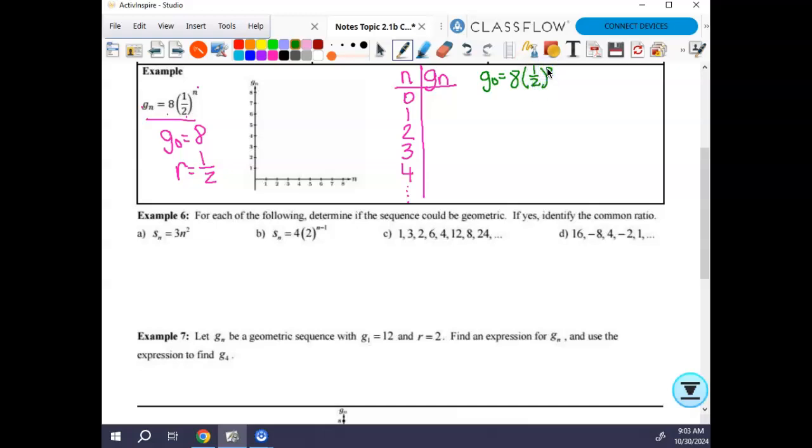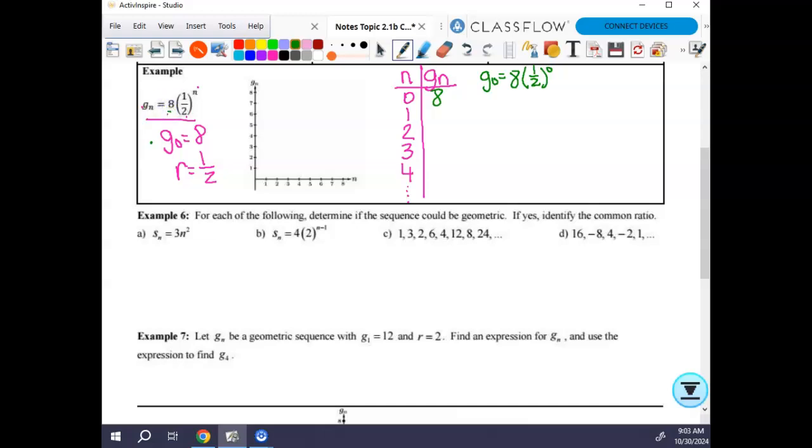What is 1/2 to the 0 power? 1, and then 1 times 8 is 8. That's why your initial term is 8. Because if you don't have anything else in the exponent, like n minus 5 or whatever, then when your n is 0, that's G sub 0. That's why this is your initial value.